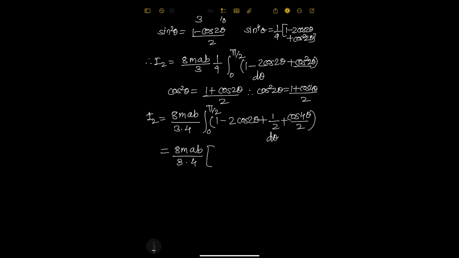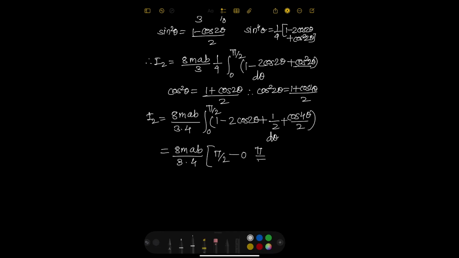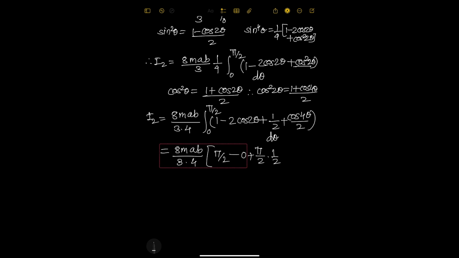This 1 gives pi by 2, this is sin 2 theta by 2, and sin 2 theta limits are 0 and pi, so it goes to 0. This one goes to pi by 2, plus pi by 2 into 1 by 2.